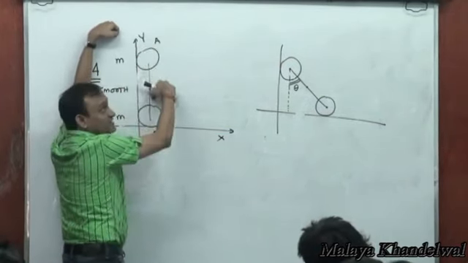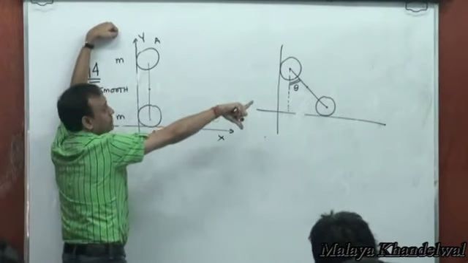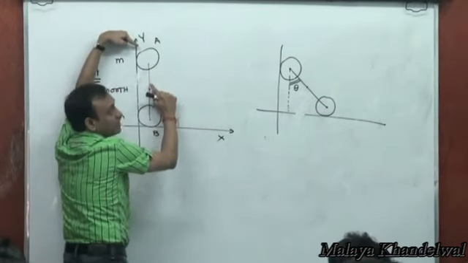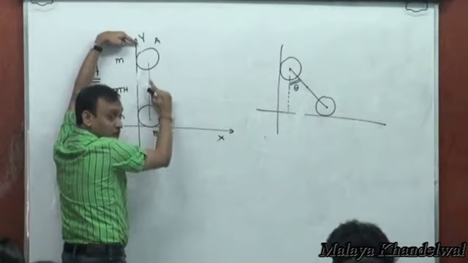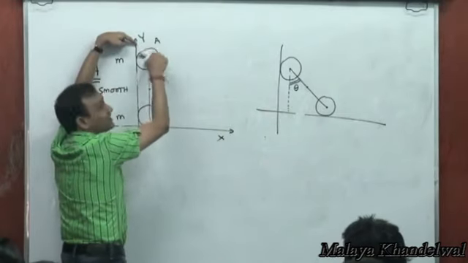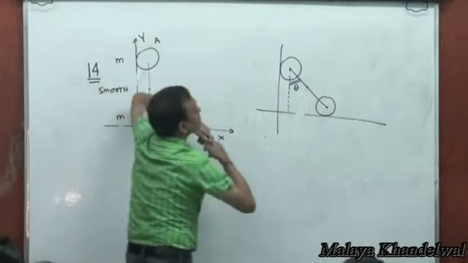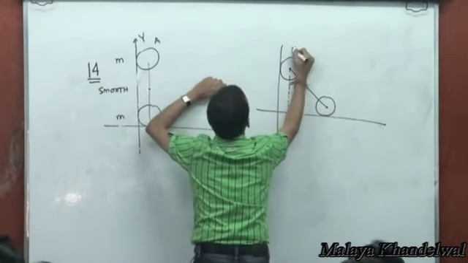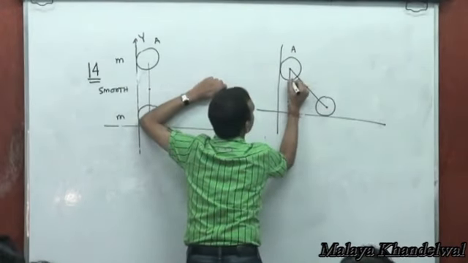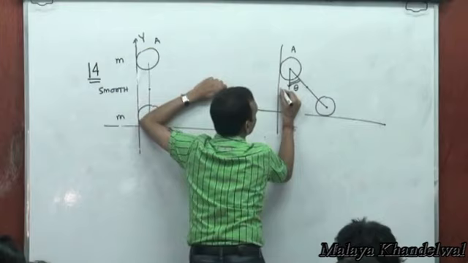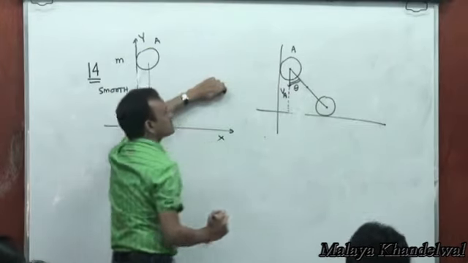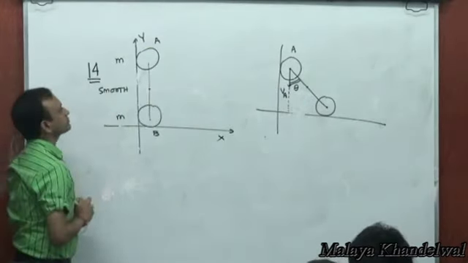It simply translates down with varying velocity, right? But it does not develop any omega. So by the time A reaches this position, let's say it has a velocity VA downwards, right?